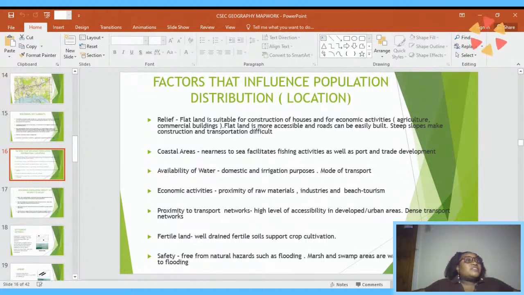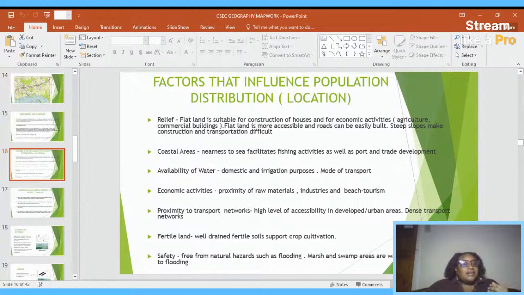Okay, close proximity to rivers, or as well to beaches. Very good. So most likely when we talk about availability of water, we're discussing it in terms of domestic and irrigation purposes. And remember, I think last day I was pointing out that irrigation has to do with watering of crops, right? So you get water from your rivers. Very good, Gabrielle, as well.